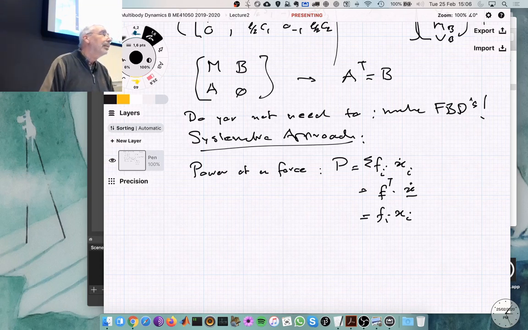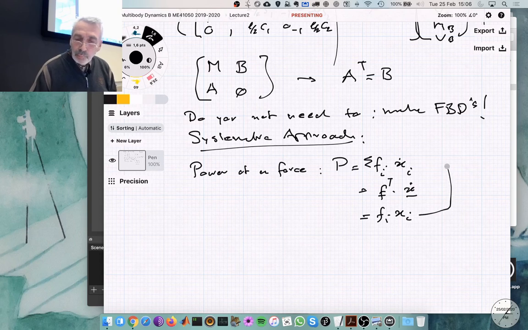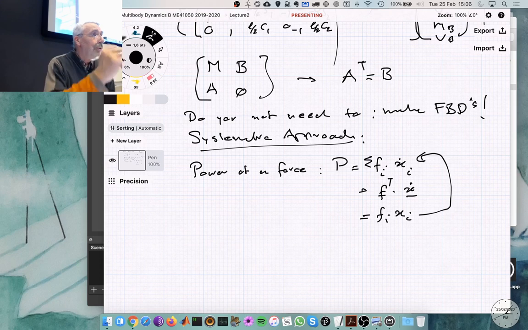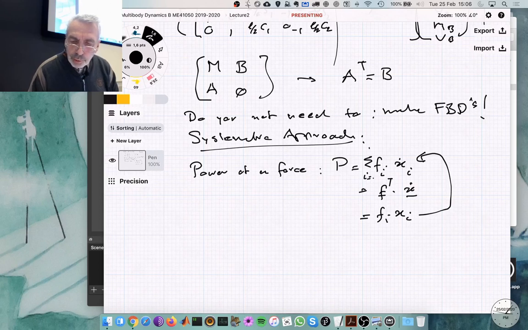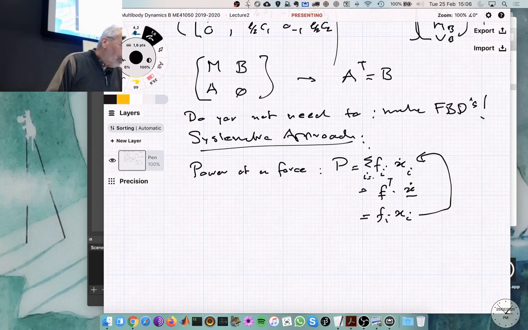The Einstein summation convention is that if there's a repeated index, you sum over it. So this repetition of i implies the summation. It's just that you don't want to write sum all the time, and I should have written i from whatever to whatever, and you don't want to do that. Okay, so that is the definition of power over force.